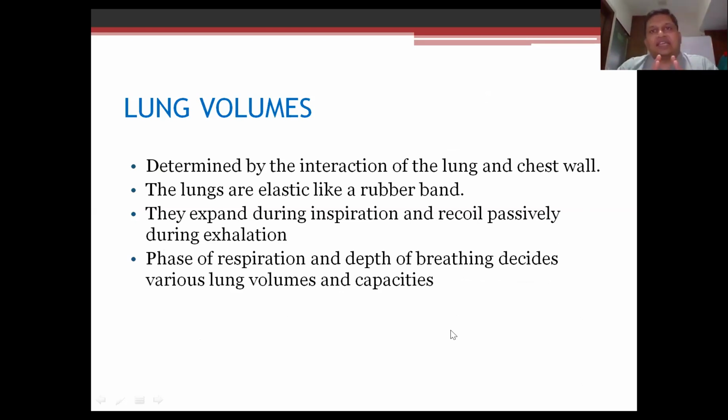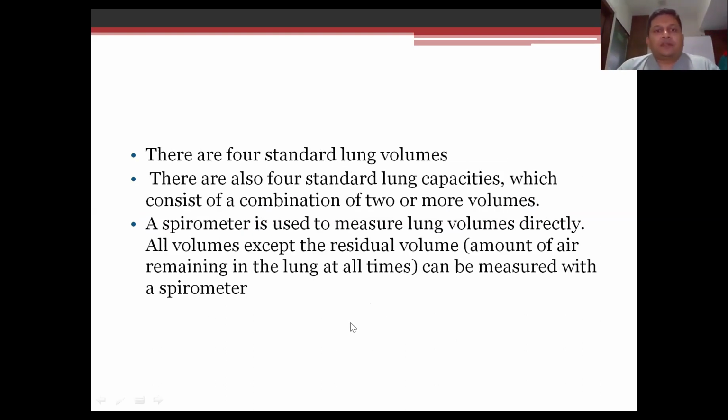Now with this inspiration and expiration, there are some lung volumes according to the phase of your inspiration or expiration, and according to the depth of your respiration. There are 4 standard lung volumes and 4 lung capacities, which are combinations of the volumes.